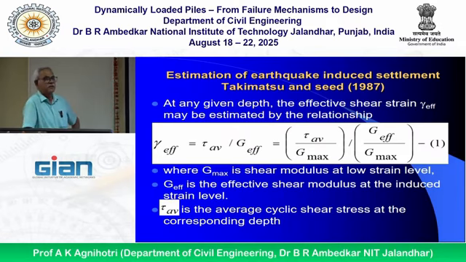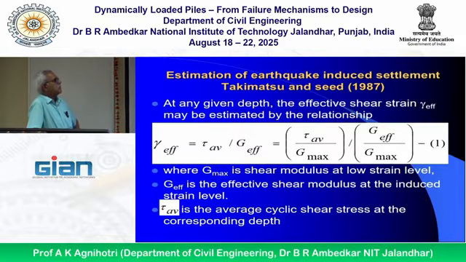We have introduced G max in this because the curves which are available are in terms of that. So gamma effective, the shear strain, is tau average upon G max divided by G effective upon G max.